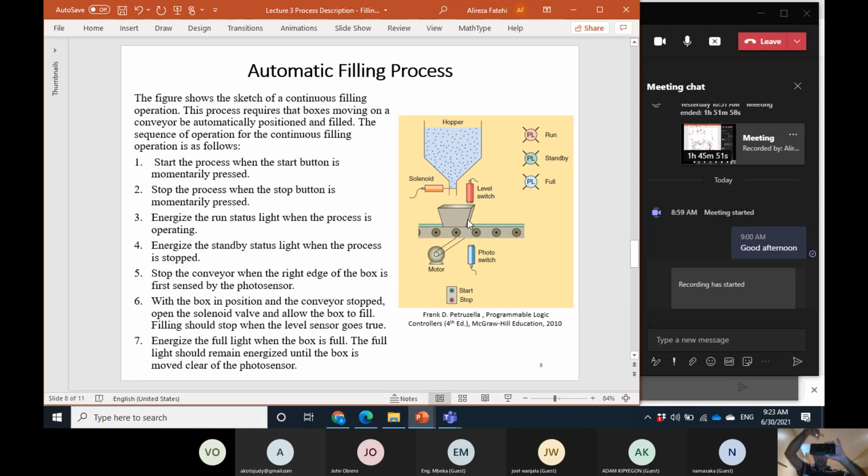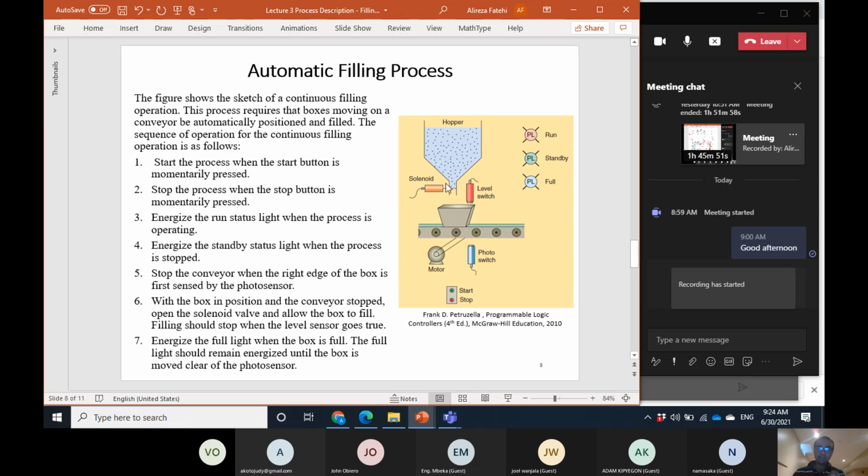It should check the material inside the box. So from the position point of view, the level sensor is installed somewhere over the material, and the photosensor is a little bit, let's say, in this figure, to the right.